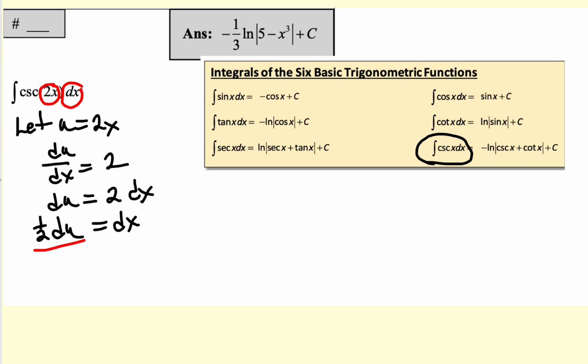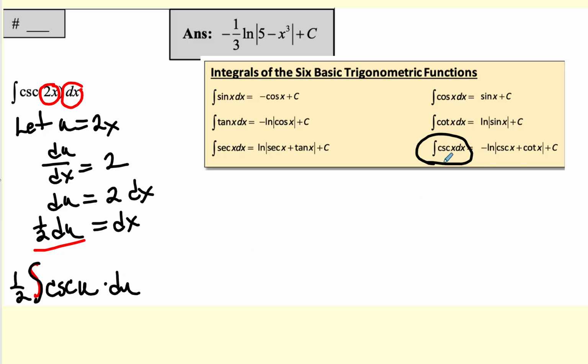So now I'm going to rewrite the problem, and I'm going to do integral of cosecant, and instead of writing 2x, I am going to write u. And instead of writing dx, I'm going to write 1/2 du, but I'll put the 1/2 outside and the du here.